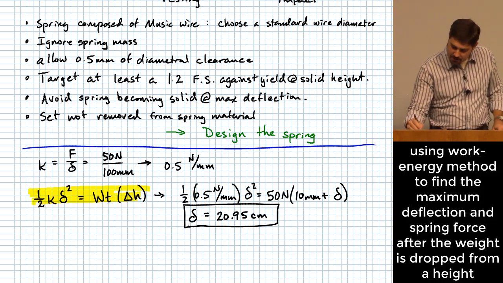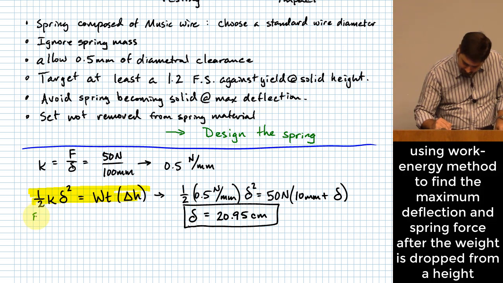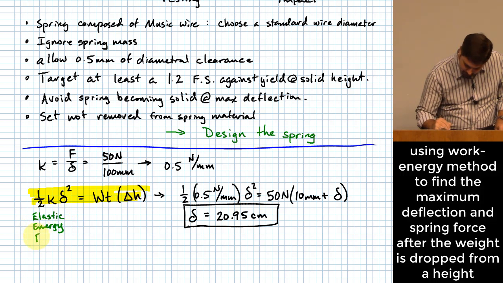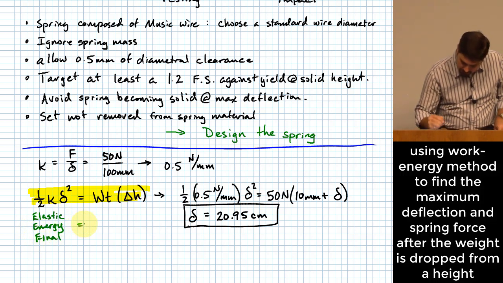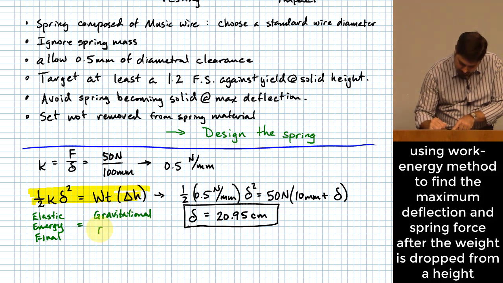And what we did is we said the amount of elastic energy at the end, final, is equal to the gravitational potential energy at the beginning.